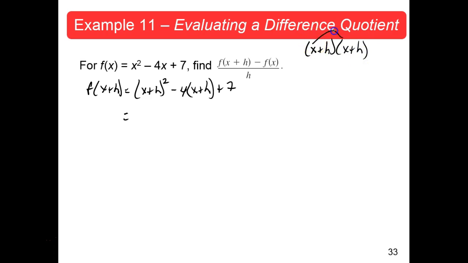So FOIL it, and what do you get? x squared plus xh, plus hx, which is the same thing, by the way, and then plus h squared. Well, what is hx plus hx? Plus 2hx, and then plus h squared.